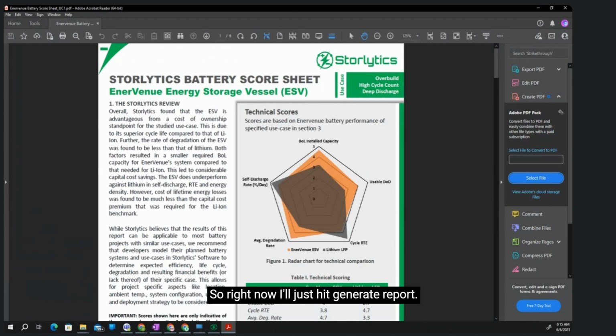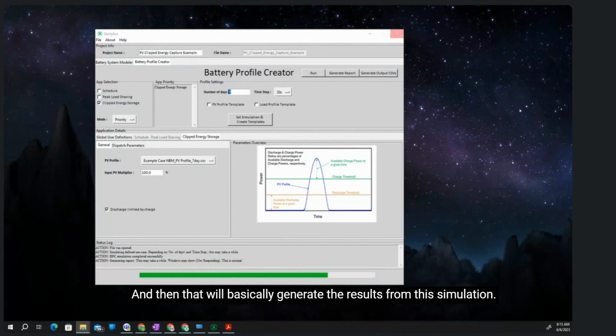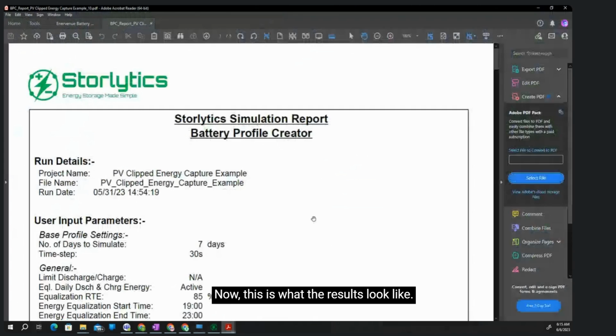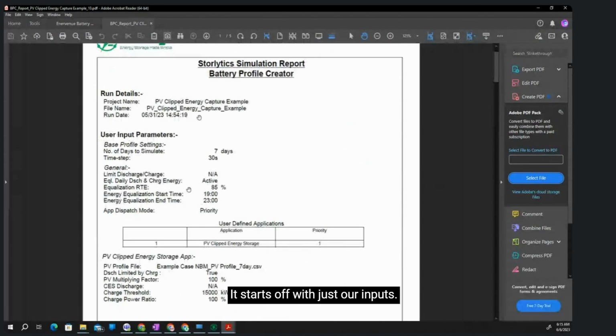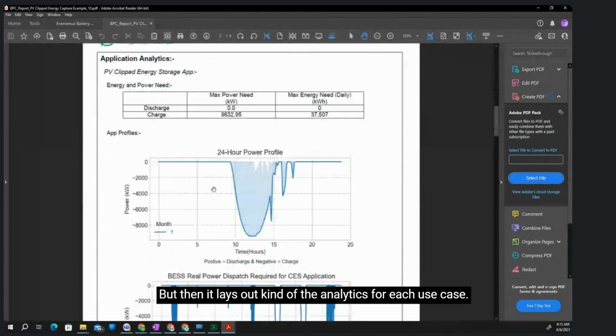Right. So right now I just hit generate report, and that'll generate the results from this simulation. This is what the results look like. It starts off with just our inputs, so I won't go over that since we discussed it, but then it lays out the analytics for each use case.